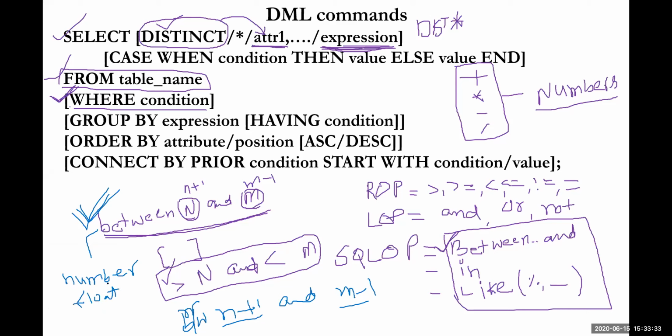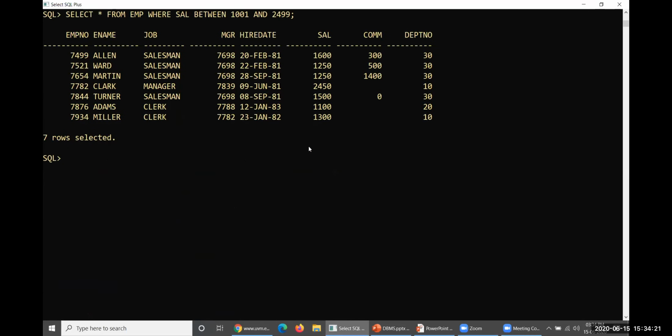My superior has asked for the report of all clerks and managers. If any information is asked by my superior, then what should I write here? I'd like to write select everything from EMP where job is equal to clerk.